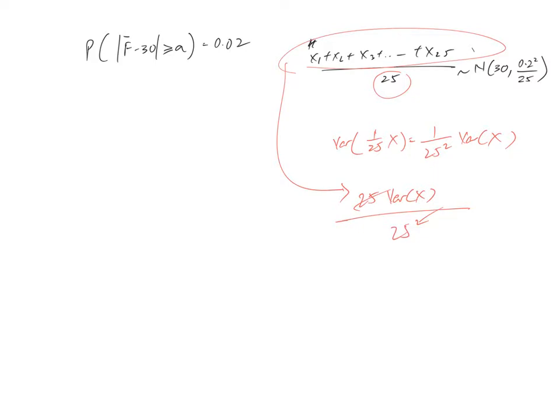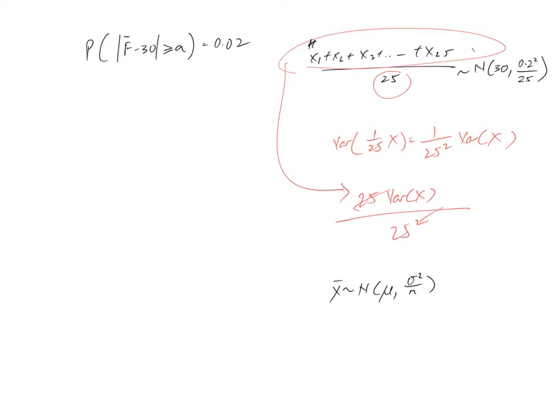In general, you think about the x bar just takes on the normal distribution of mu and sigma square over n, where n is the sample size and x bar will be the mean.